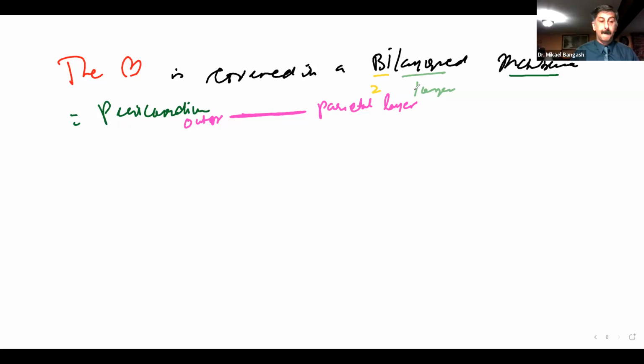And the inner layer of the pericardium, which we call the visceral layer. And what we know we have in between these 2 layers of the pericardium is a fluid called the pericardial fluid. Did that make sense?